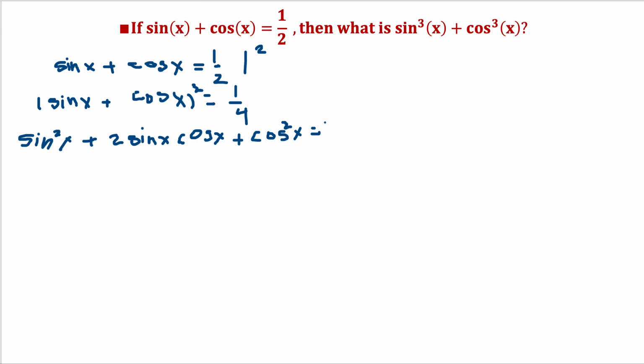So the right side stays the same as it is. But don't forget, sine square x plus cosine square x is equal to 1. And 1 plus 2 sine x cosine x is equal to 1 over 4. Here was a 1 over 4, I'm sorry. And this is 1 over 4.